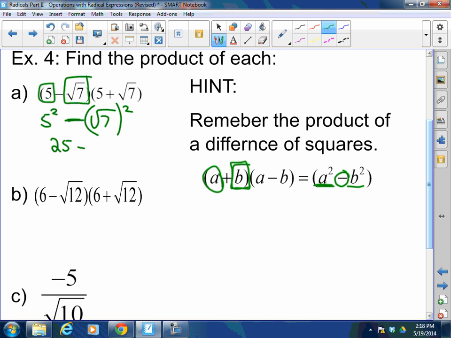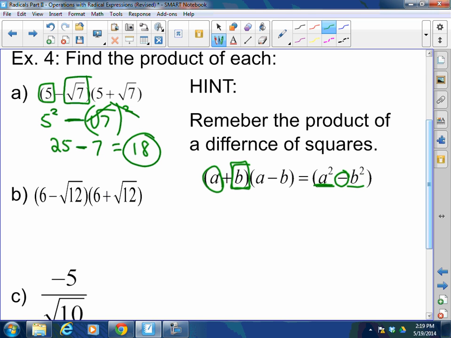Minus, what's square root of 7 squared? What does the power of 2 do with the square root, guys? Cancels. So it's 7, which equals 18. Does that make sense, guys? Okay.